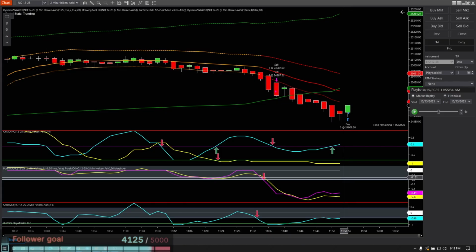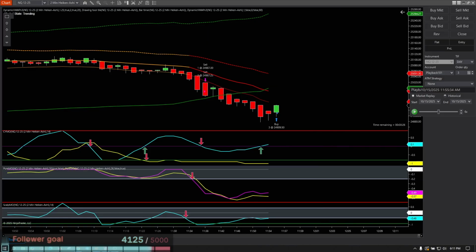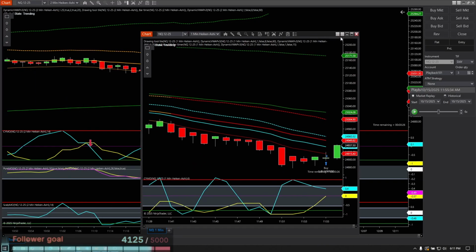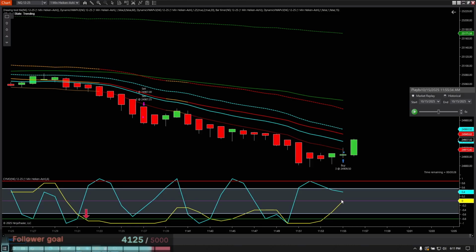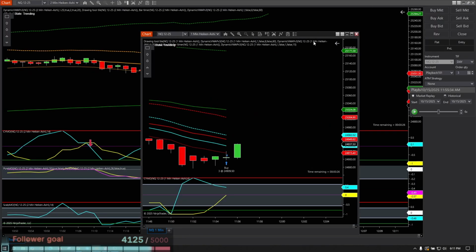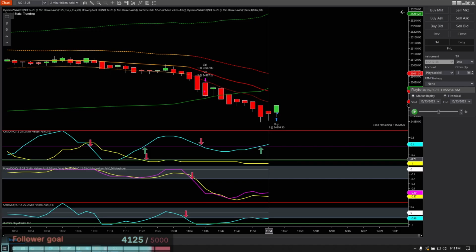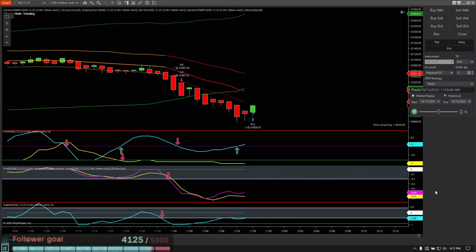But judging with the speed of the move of this trade, and the fact that here on the cycle indicator, price is already starting to turn up, it's a very good indication that cycle number 2 is probably dead on in its move, that price is not going to continue downward. You understand?